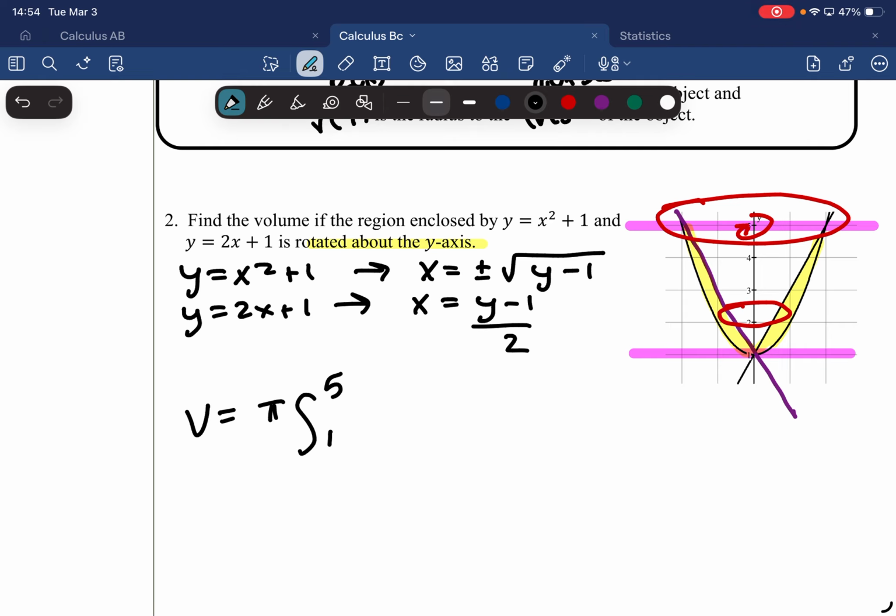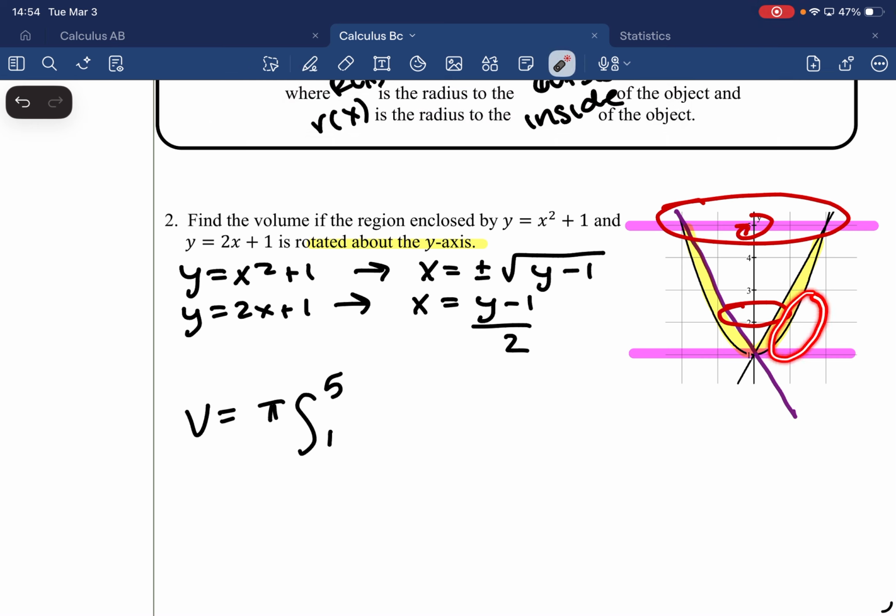Then I do capital R of x squared, which is my outside function. The outside function is going to be this function right here, the curve, that's on the outside. The curve is represented by x is equal to plus or minus the square root of y minus 1.